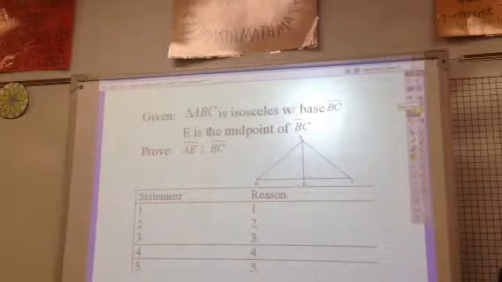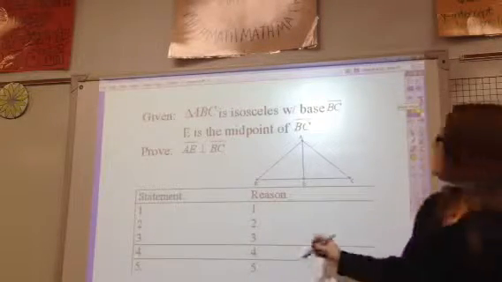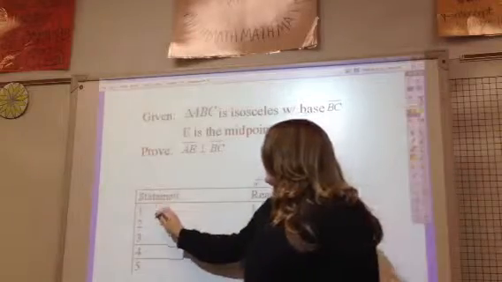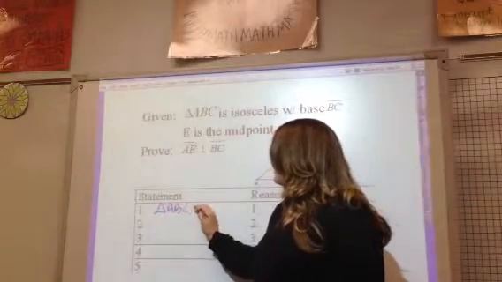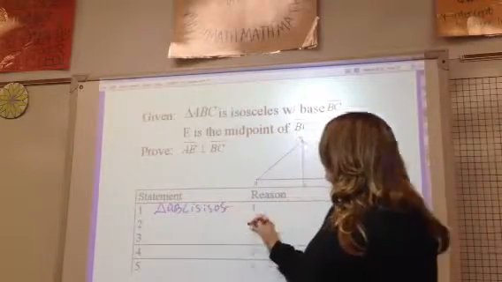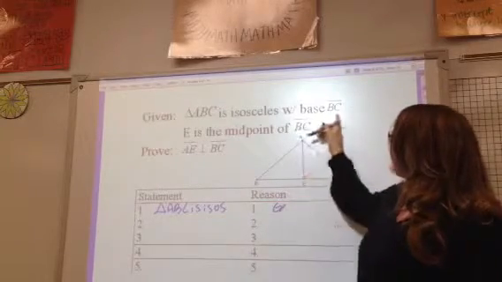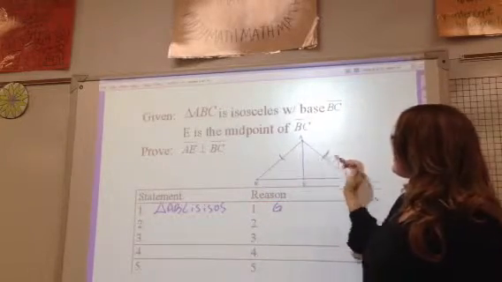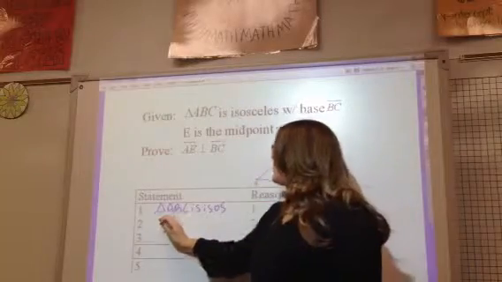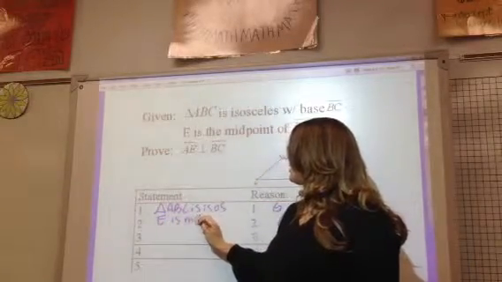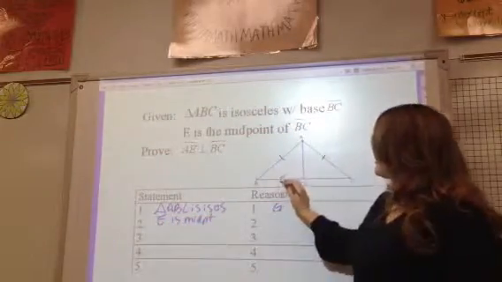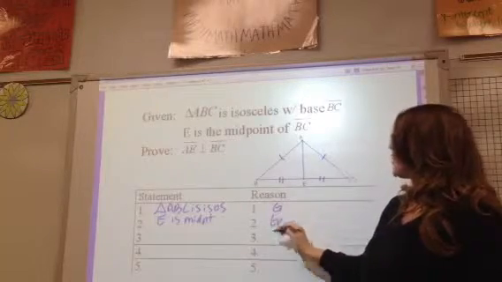Okay. If I know the triangle ABC is isosceles with base BC, since the base is BC, I know those have to be congruent. E is the midpoint, which means these have to be congruent.